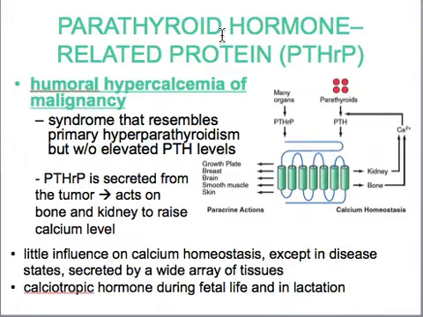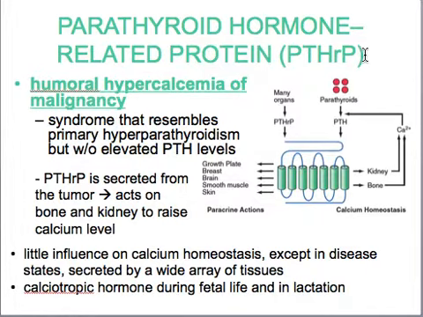So there's also a hormone called the parathyroid hormone related protein that in normal individuals doesn't have any effect in calcium metabolism. However, in disease states such as malignancies, let's say your breast cancer or your colon cancer, these tumors can secrete a lot of parathyroid hormone related protein, or your PTHrP.